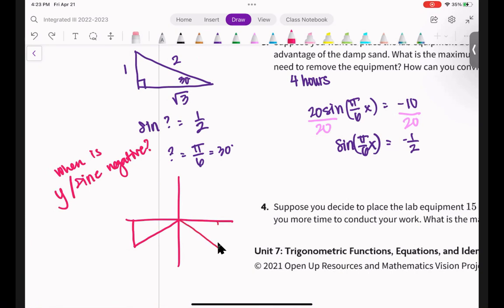Let me try one more time. Okay, that's not good, but that's going to work for now. So this is pi over 6, right? So it's this angle. I'm going to make them blue. It's this angle and this angle.